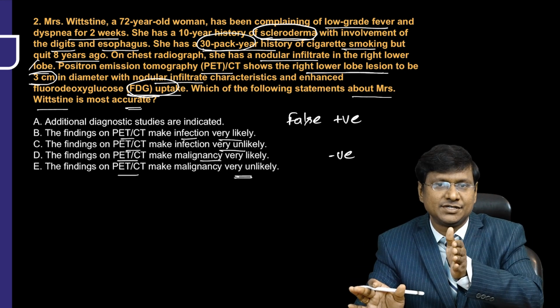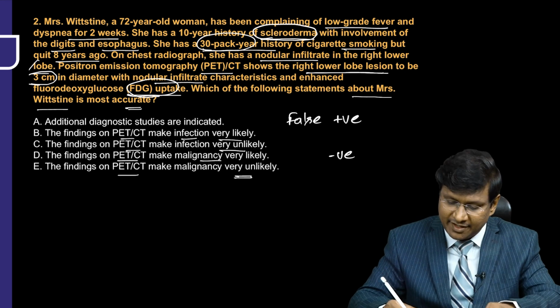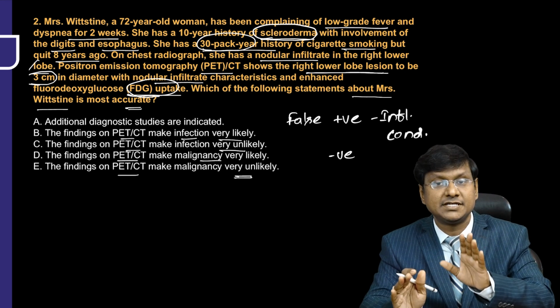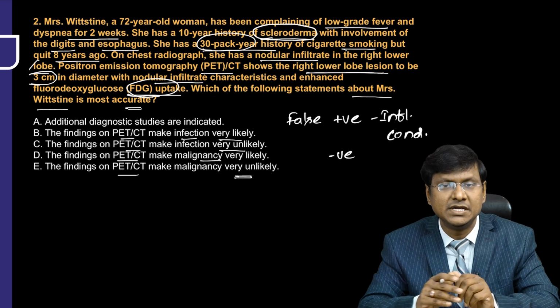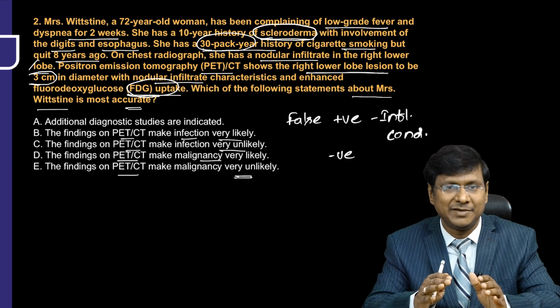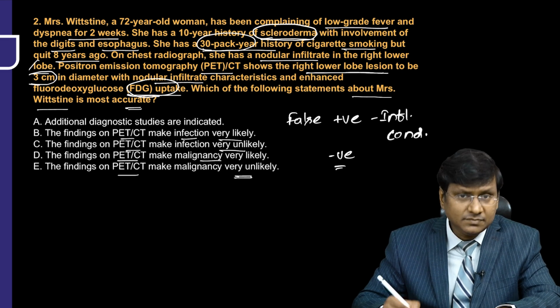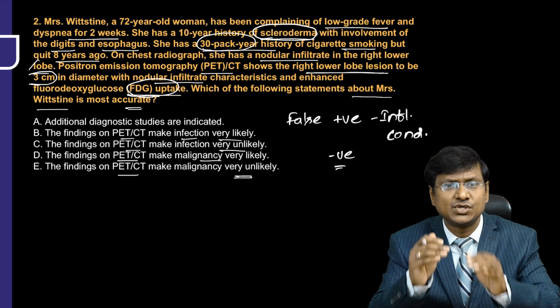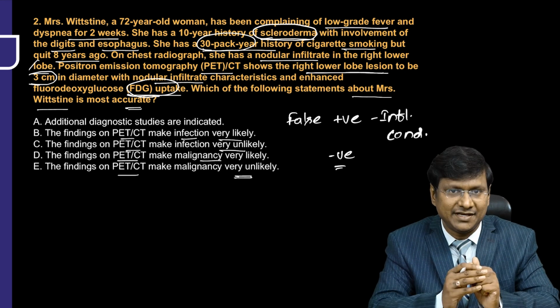False positive results are seen in the inflammatory conditions, right? Now, what are these inflammatory conditions? Such as pneumonia or granulomatous disease. Then, false negative findings occur in lesions with low metabolic activity, right?